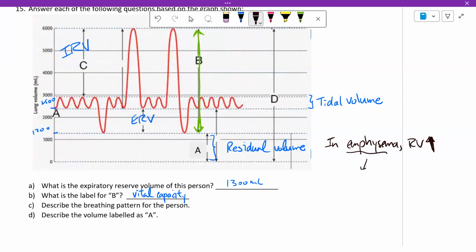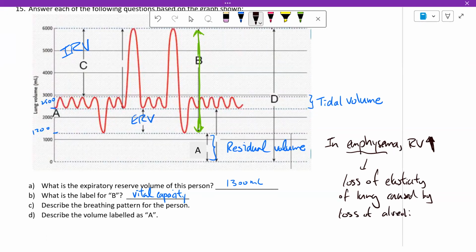Emphysema is the loss of elasticity of lung caused by loss of alveoli. In smoking, the alveoli fuse together and they form these gigantic air pockets that are no good for gas exchange.